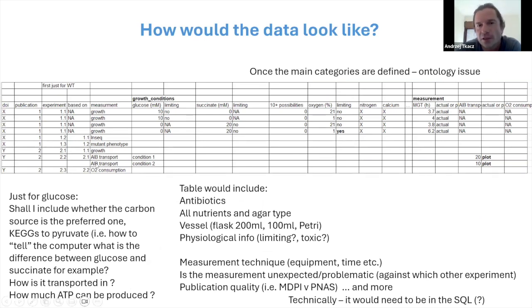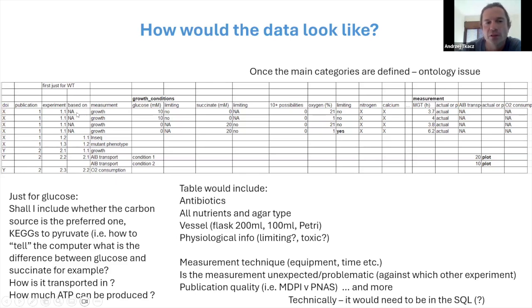This table, what I would like it to contain is: every row will be one experiment. I would like to know which manuscript it came from. So let's say if that's publication 1, I'll call this experiment 1.1.